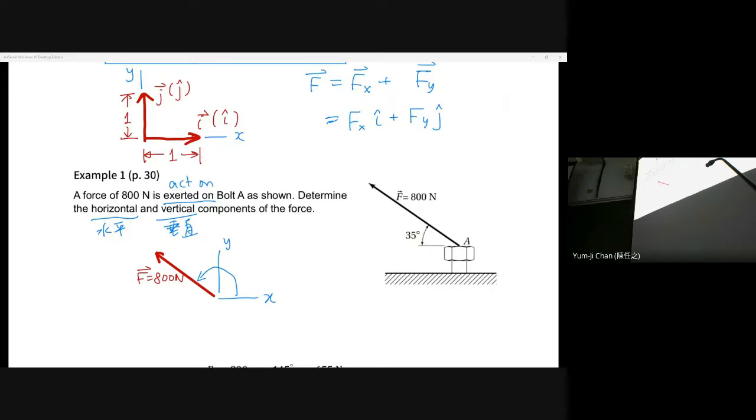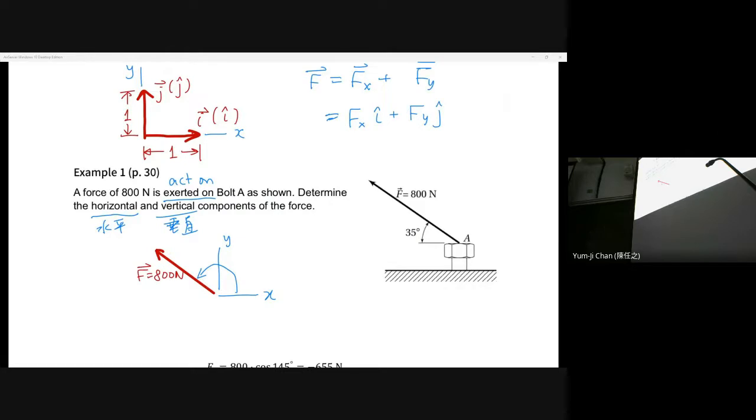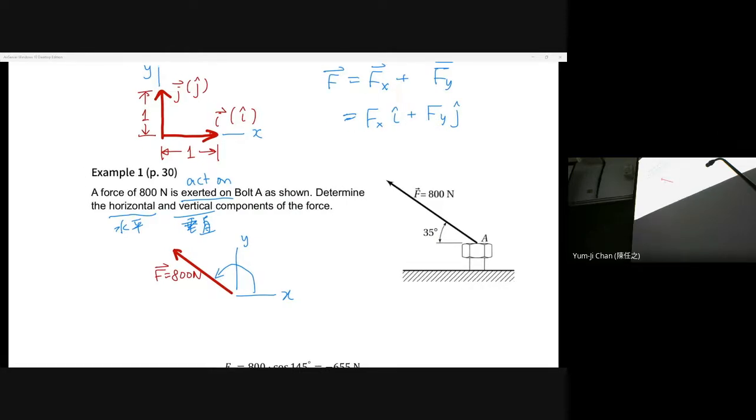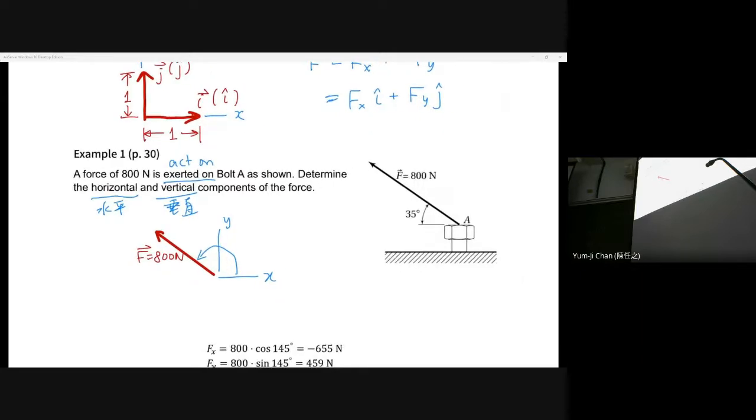Because we usually have the x direction to the right as positive, when we determine the angle, it should go from this one and then go this way. This way is counterclockwise, CCW.